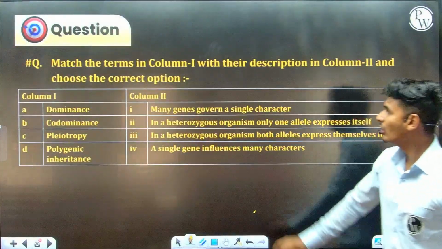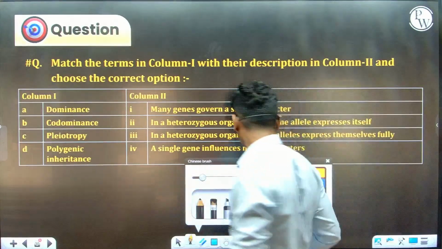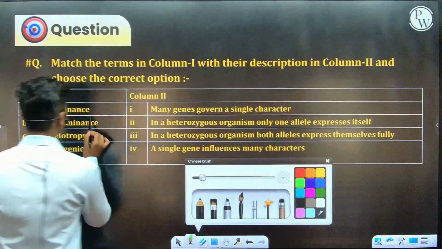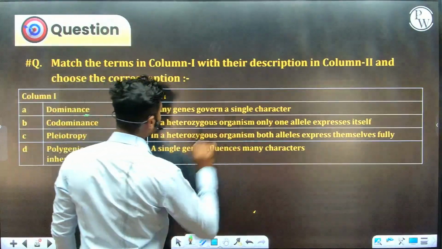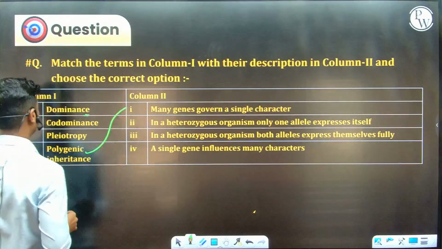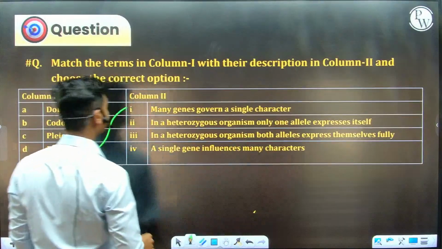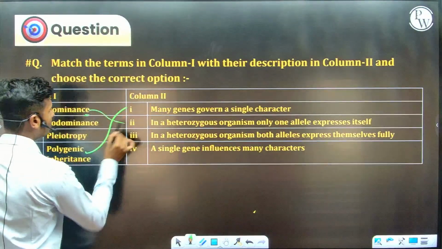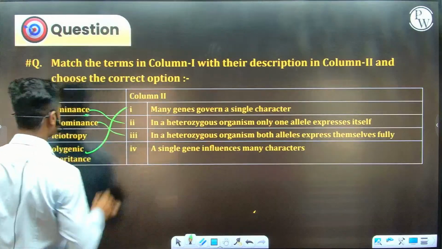Question for you: dominance, codominance, pleiotropy, polygenic, and the column. Let's discuss. Dominance: many genes govern a single character? No, many genes governing a single character is polygenic inheritance. In a heterozygous organism, only one allele is expressed: okay, we can say dominance. In a heterozygous organism, both alleles express: codominance.